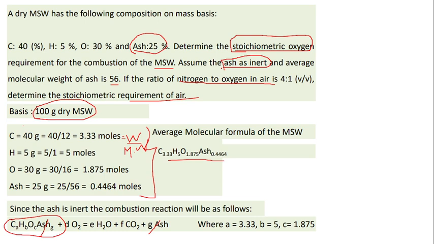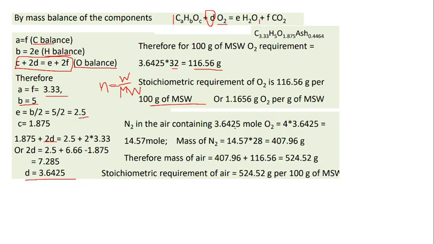Okay, but in the question it is already given, determine the stoichiometric requirement of air. Air is comprised of both nitrogen and oxygen. The ratio of nitrogen to oxygen is given as 4:1. So now we have to find the nitrogen in the air also. If 3.6425 moles of oxygen are required, this is the one part.